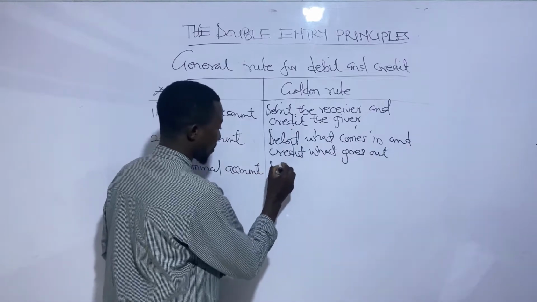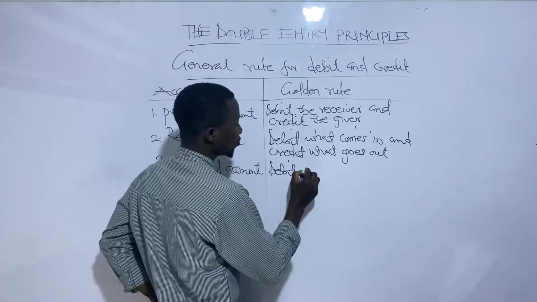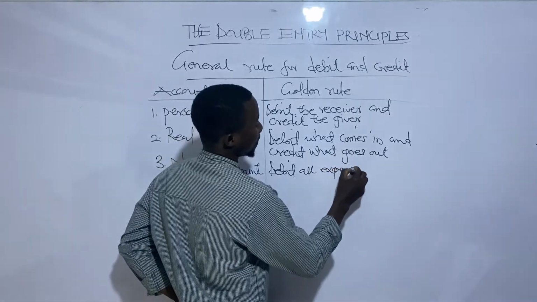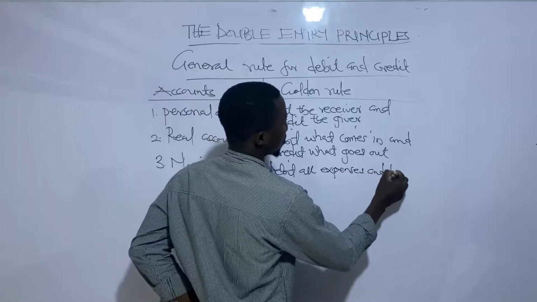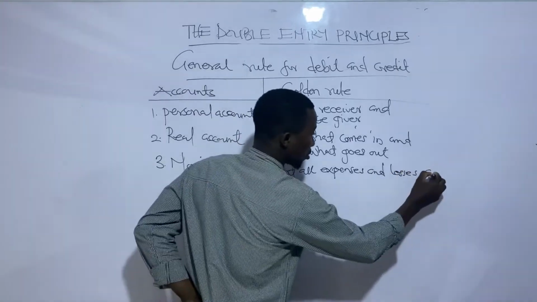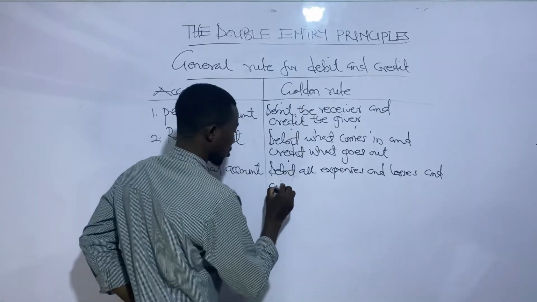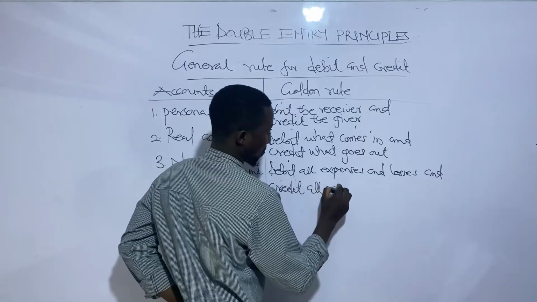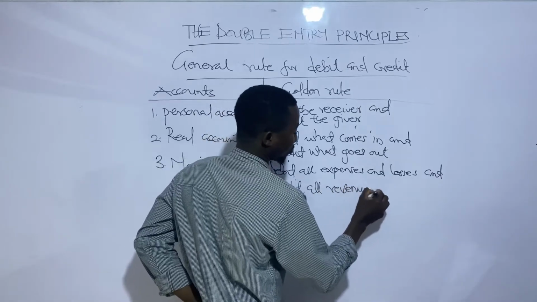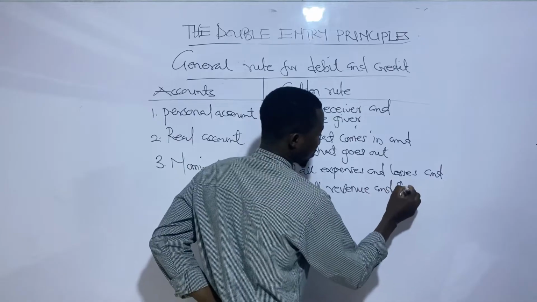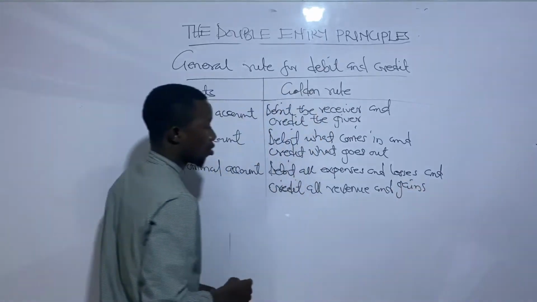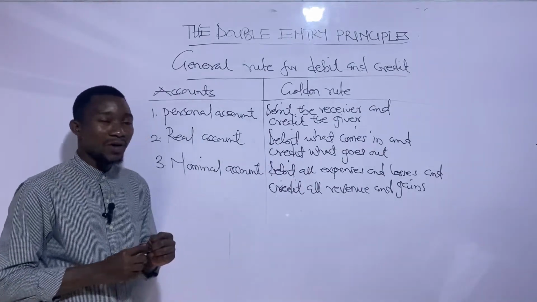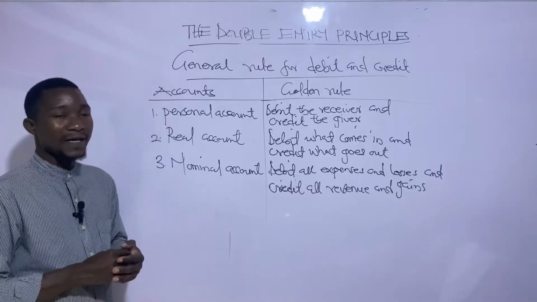So we debit all expenses and losses, and credit all revenues and gains. All right. So the general rule is that we debit all expenses and losses and credit all revenues and gains.